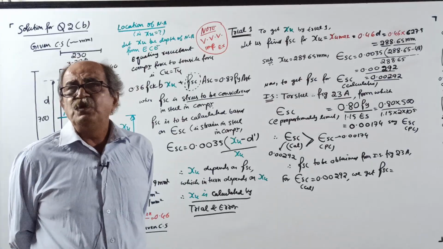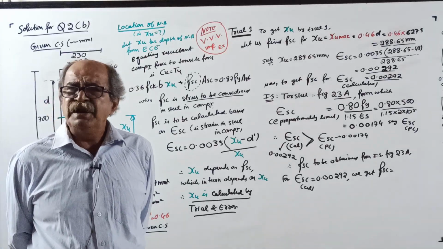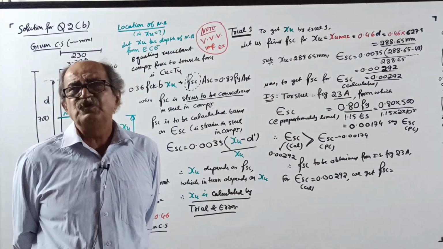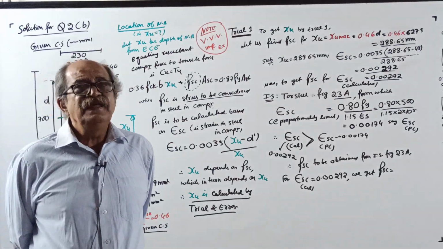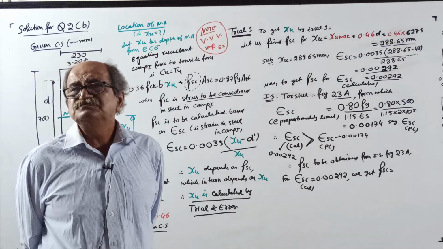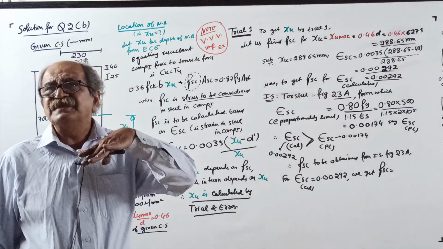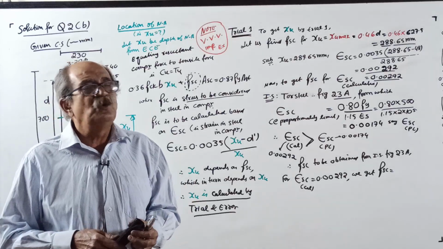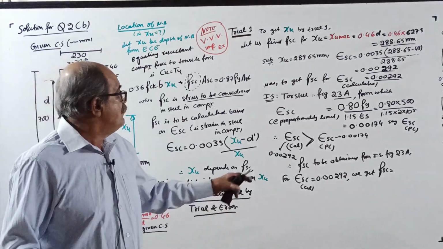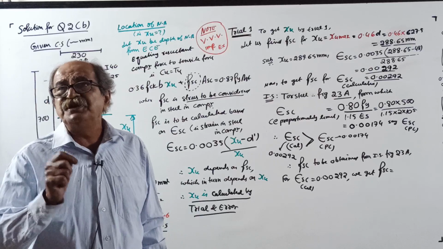Mild steel, I told, usually you get the answer in only one trial. But actually mild steel is not used. Torque steel, in case the section comes over reinforced, it will be taken as balanced. So again, initially we assume balanced. It is a trial and error procedure.